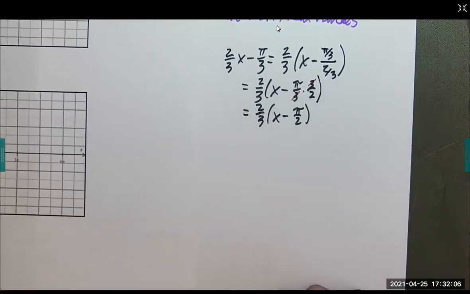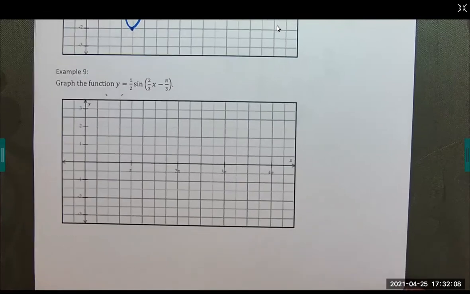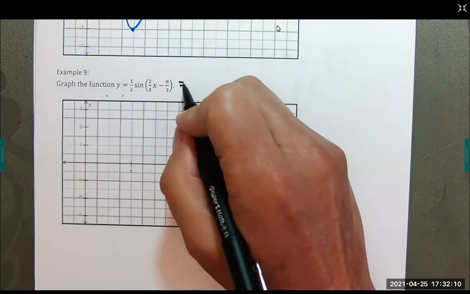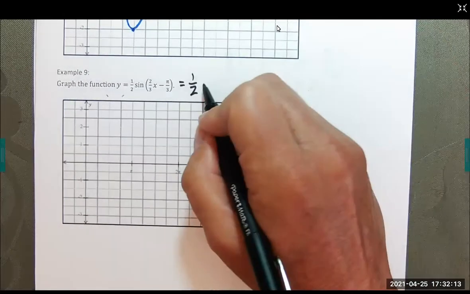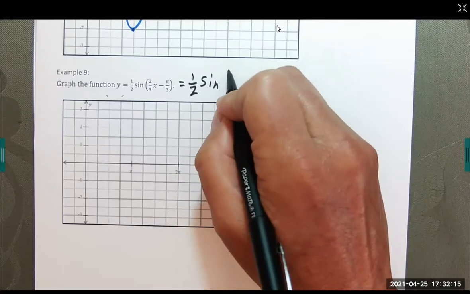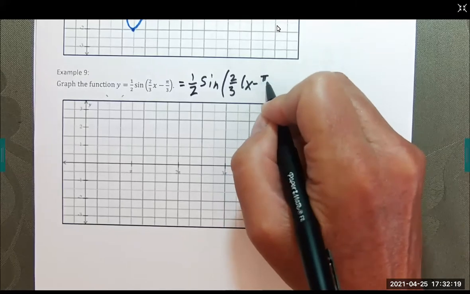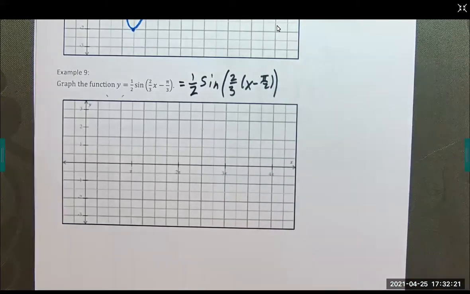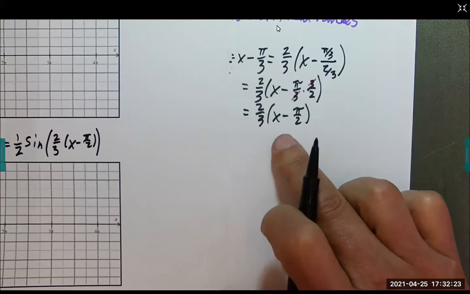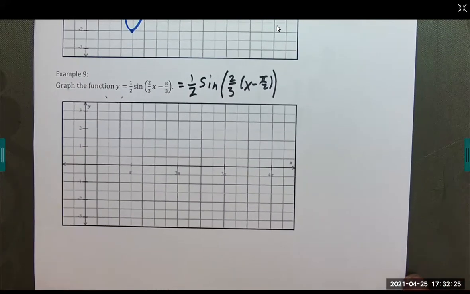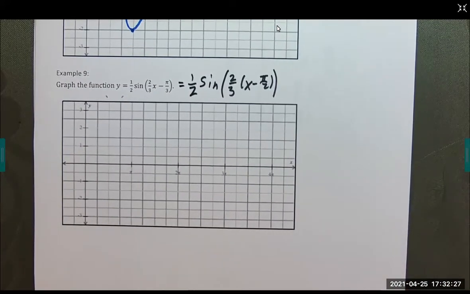So I'm going to rewrite my function as 1/2, there's my amplitude, 1/2, sine of 2/3 times x minus pi over 2. That comes from here. Let's talk about the period.